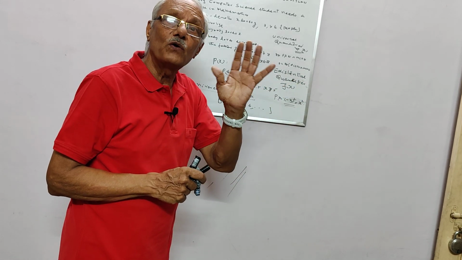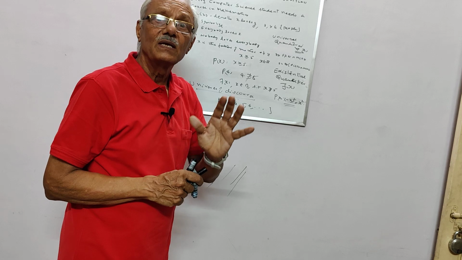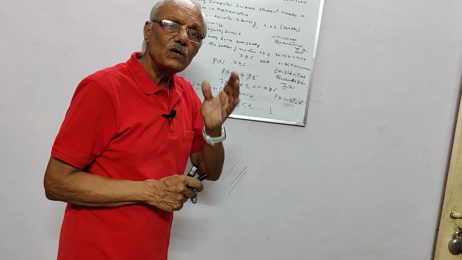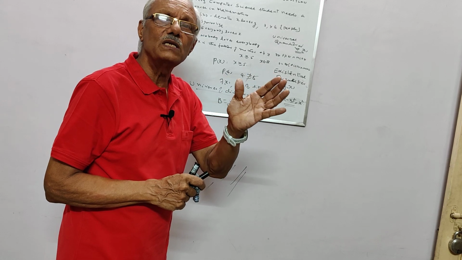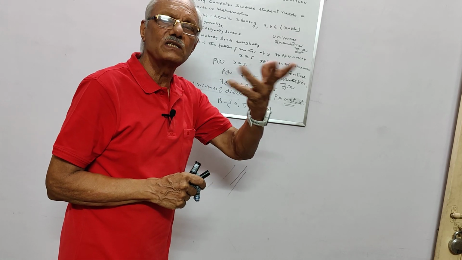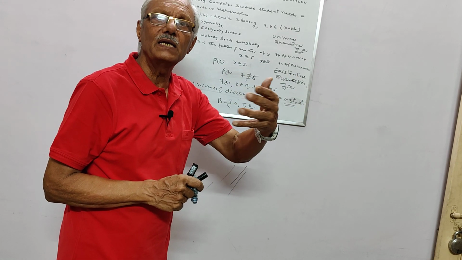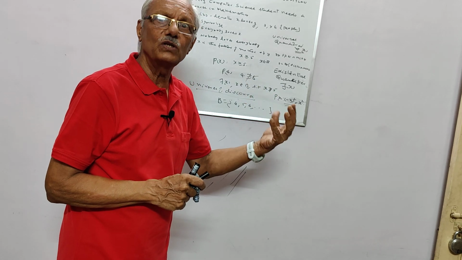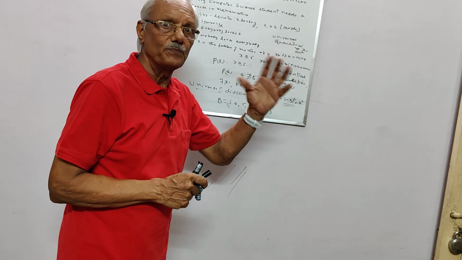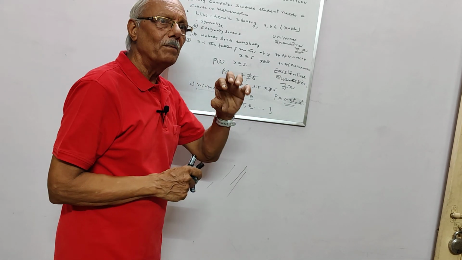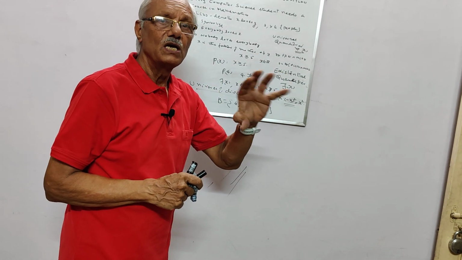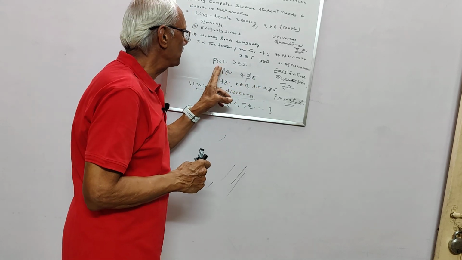As we have done the inference theory for statement calculus, here also we will apply inference theory for the predicates, and that is called predicate calculus. That means not plain statements or propositions. This is not a plain proposition.